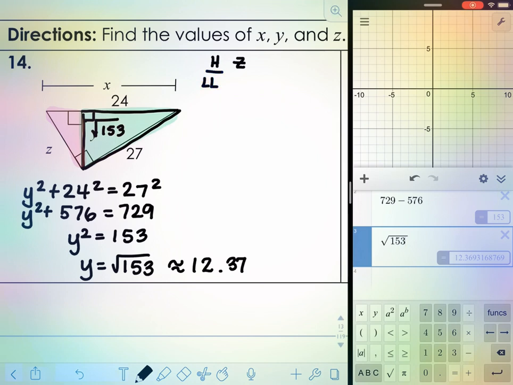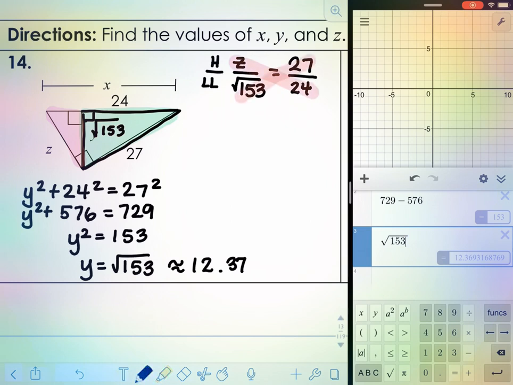The long leg is square root of 153. On the mid-sized triangle, we know the hypotenuse. The hypotenuse is 27. And we know the long leg. The long leg is 24. So we're going to cross multiply.